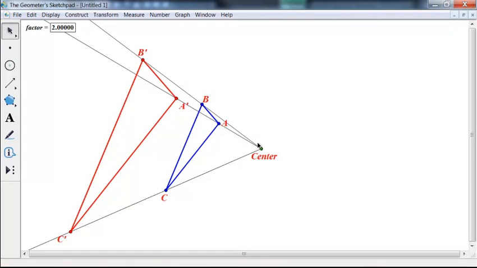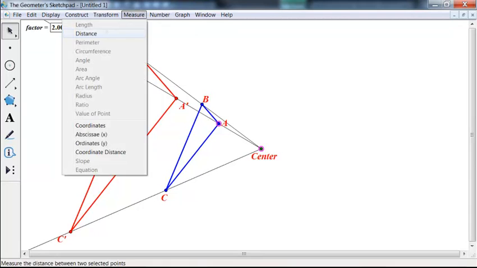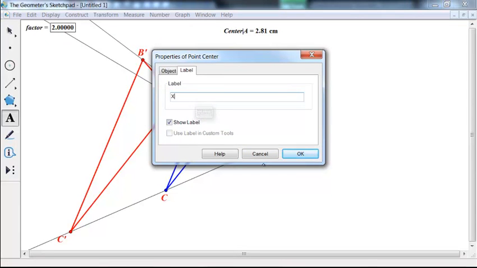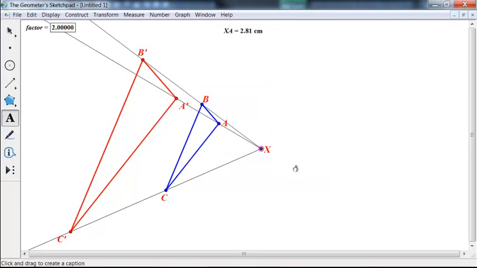Now let's measure some distances. Let's go from the center to A and measure that distance. Maybe instead of calling it center, I'll just give it a one-letter name. We'll call it X for the center. Then we'll go from X to A prime. Interesting.